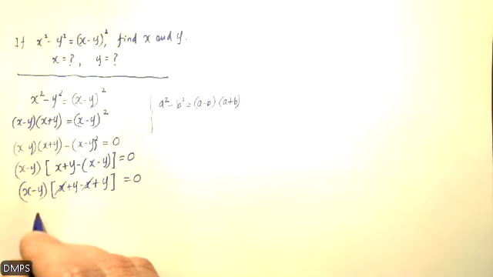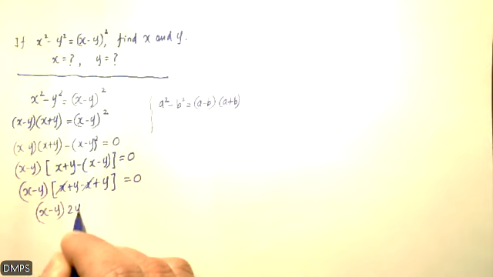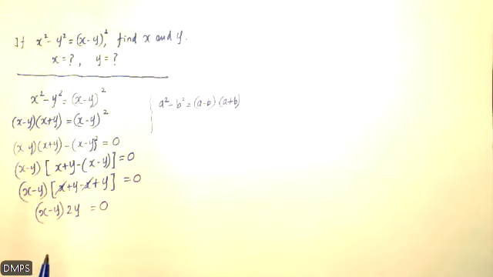With this, what we have is x minus y times 2y is equal to 0. We can divide both sides by 2, and then this 2 will cancel out, and 0 divided by 2 will still be 0. So what we will have is simply y times x minus y is equal to 0. I just wrote this y first after dividing by 2.